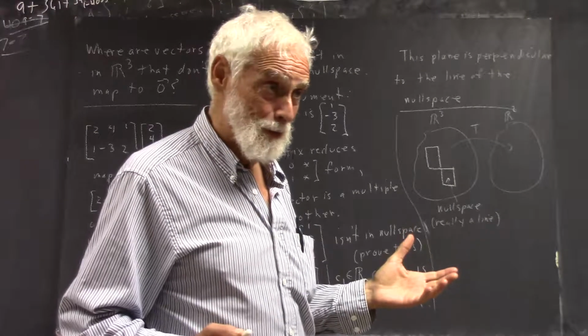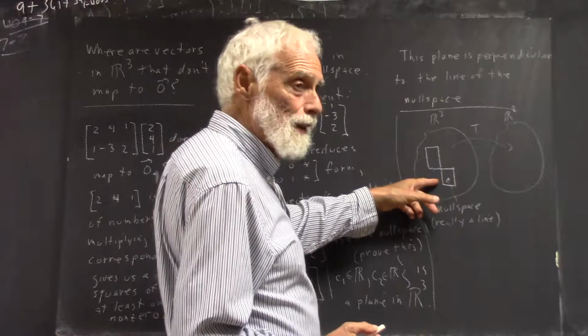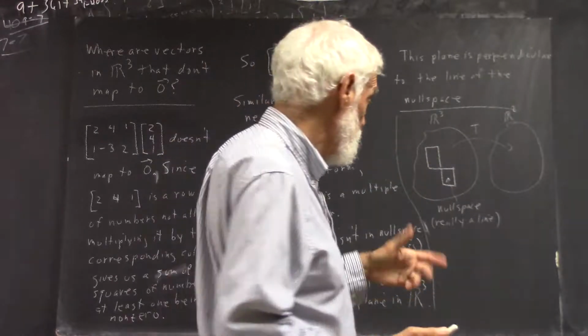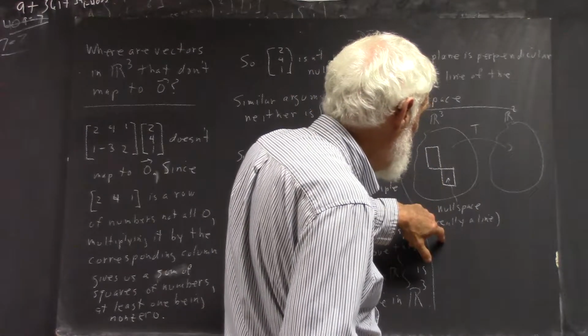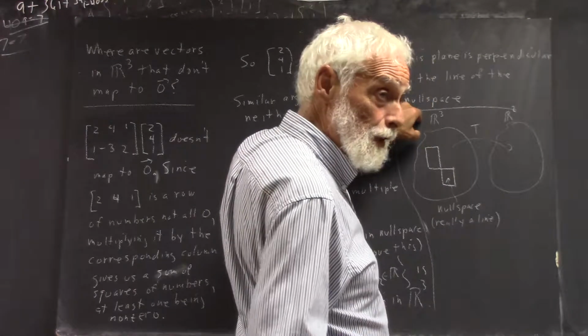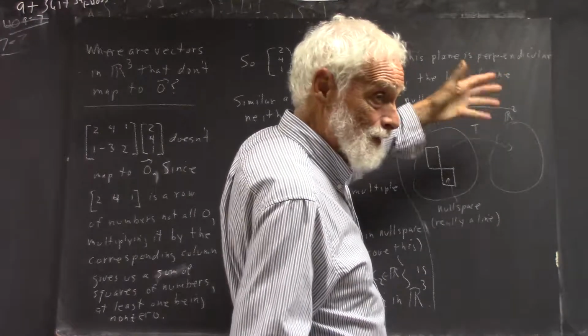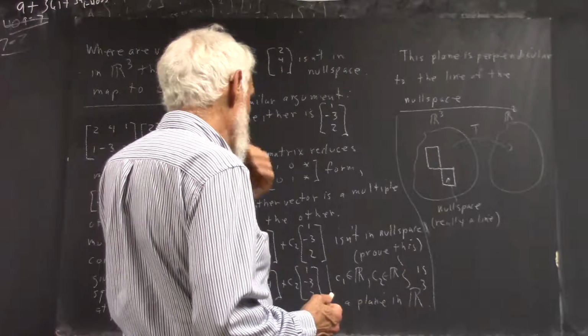That's impossible to draw in 3 dimensions. If I draw this as a line, it's not that hard. Just draw a plane and then draw a line that looks like this perpendicular. Okay, so anyhow, we have that. The null space, it's really a line in this case. In the general case, we got Rn to Rm. Not often a line.